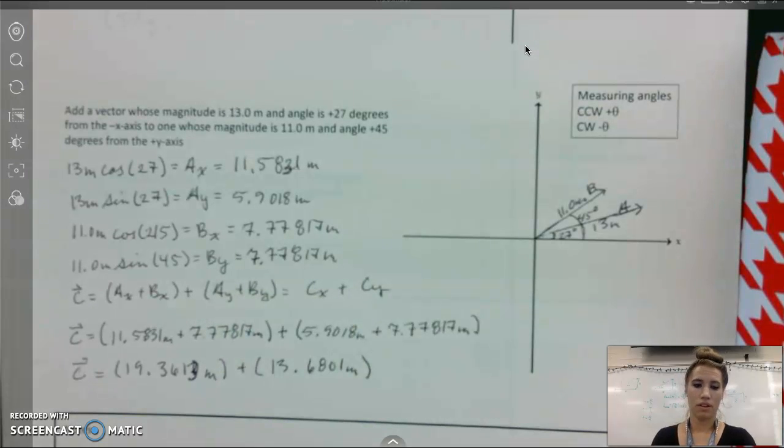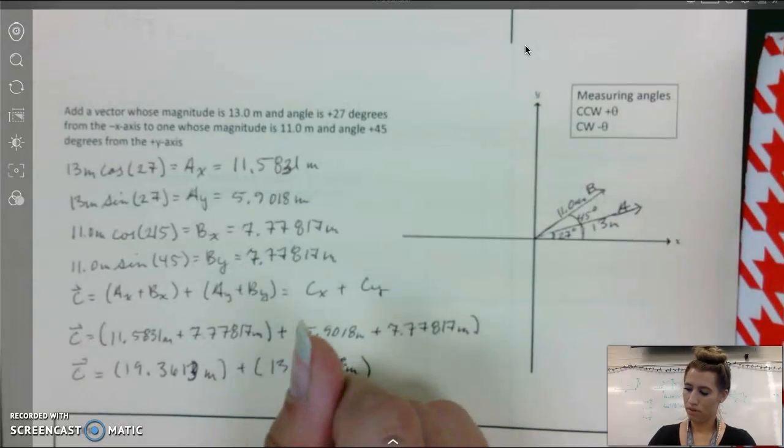Okay. Between 3 to 5 sig figs, here we have 1, 2, 3, 4, 5, 6. So I think I'll drop that 1.